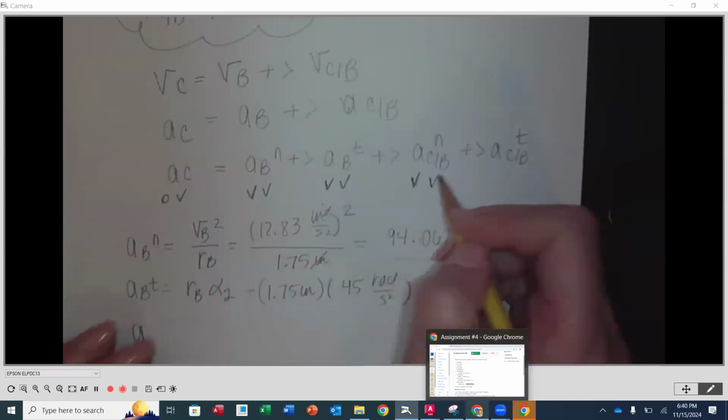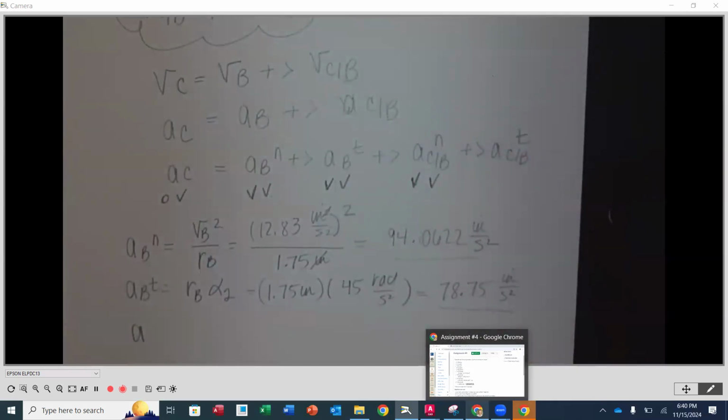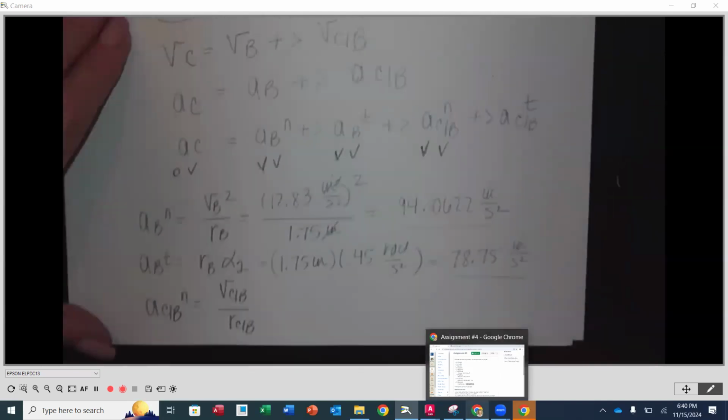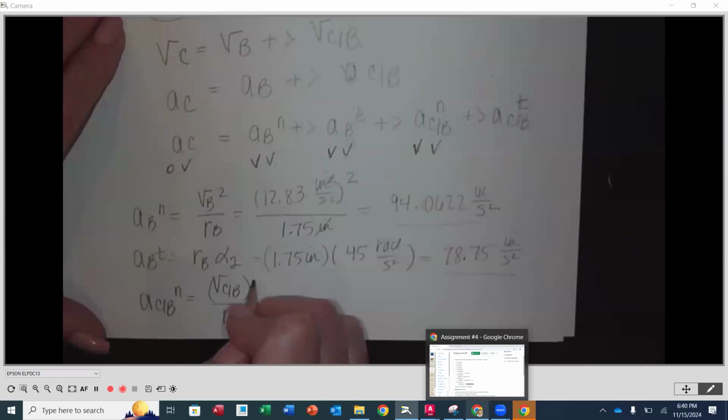And then its direction is going to point from C towards B along the link. Okay, along the link. So this is going to be C relative to B normal. And this is going to be the velocity of C relative to B divided by the radius of C relative to B. Okay. And this has to be squared. Don't forget to square that.